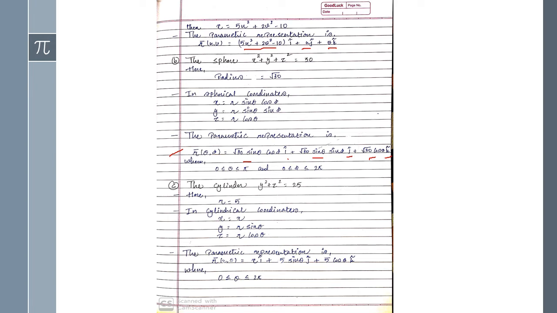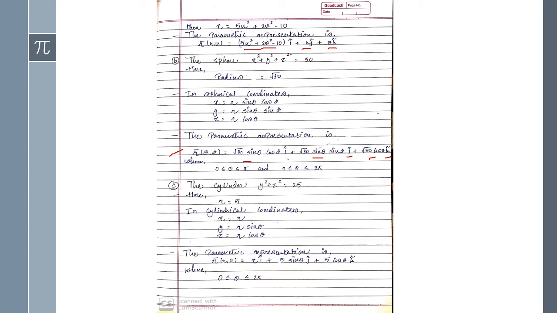Okay, now the next one, the cylinder, and the equation is y square plus z square equals 25. From this equation you can write r first, that is 5, and we know the cylinder coordinates are x equals x, y equals r sin theta, and z equals r cos theta. So you just apply the value of r here and put it down in the parametric equations.